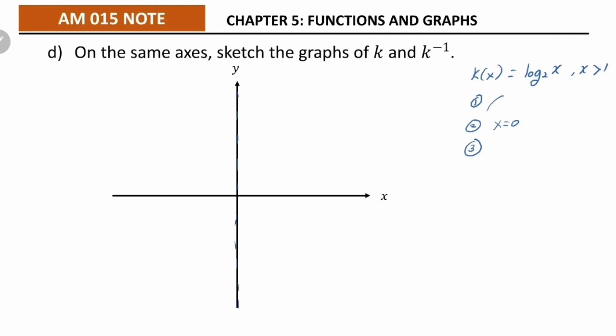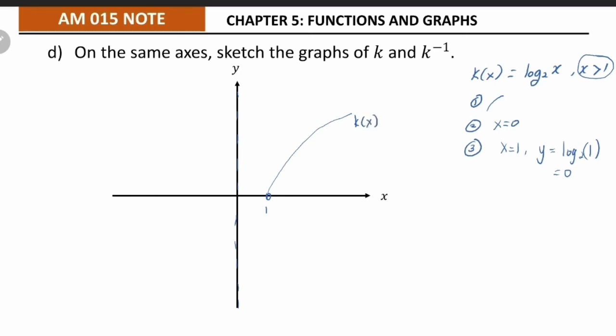And the problem is k(x) has domain x greater than 1. When x equal to 1, y equal to log 1 base 2 equal to 0. This means the graph starts at 1 here and is not included, so a circle, above to the right. So this is the graph of k(x).